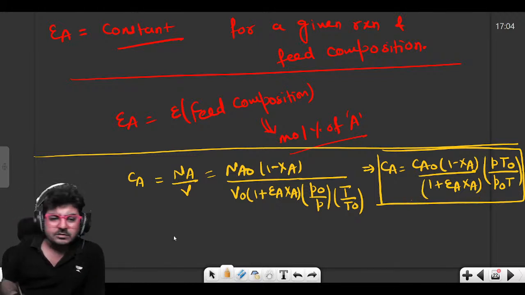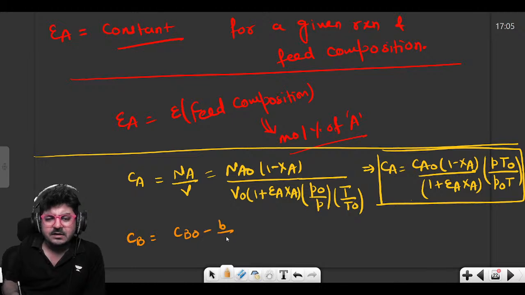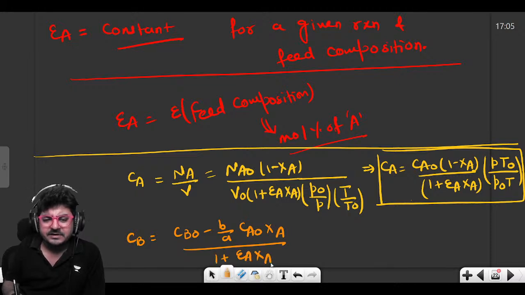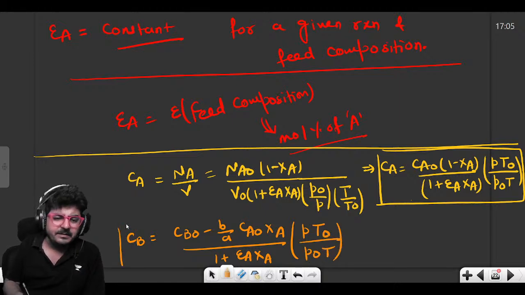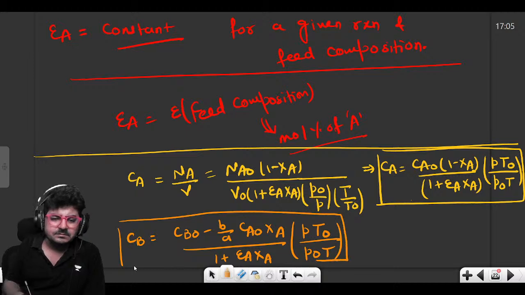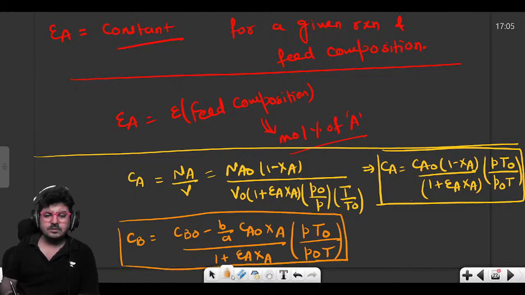But doesn't matter. Similarly, for CB and CC, you can write if B is also a reactant, so it will be like CB naught minus B upon A times of CA naught into XA divided by 1 plus epsilon A XA multiply by pressure and temperature terms. Okay.